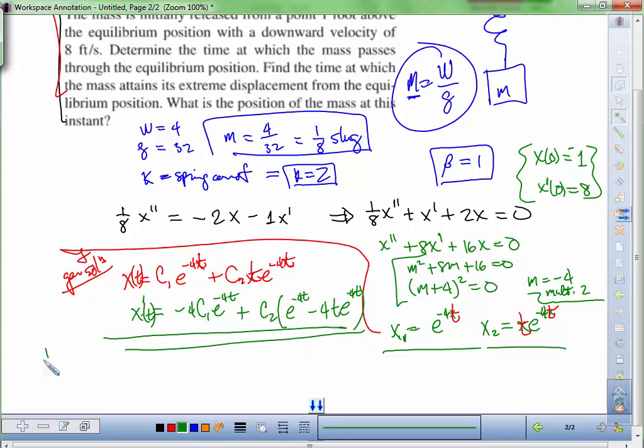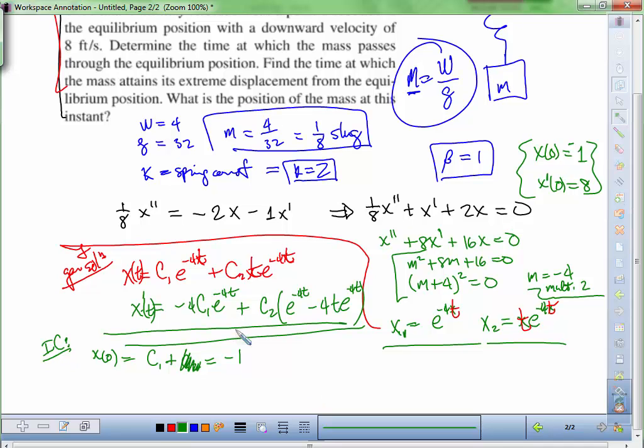So initial conditions are put in at this point. We have x of 0. That doesn't get rid of much, but e to the 0 is just 1, so C1 plus C2 is equal to -1. Oh yeah, because this is 0, so C1 is that.